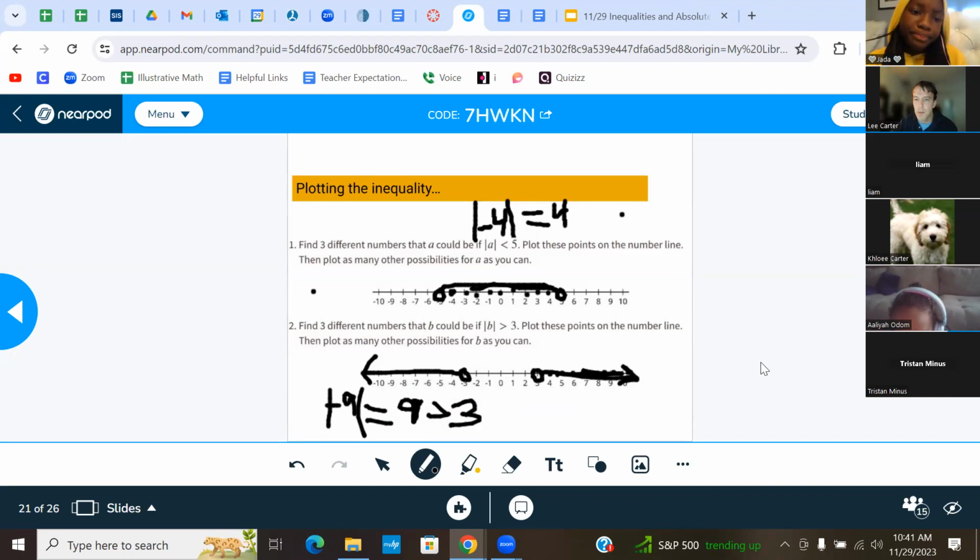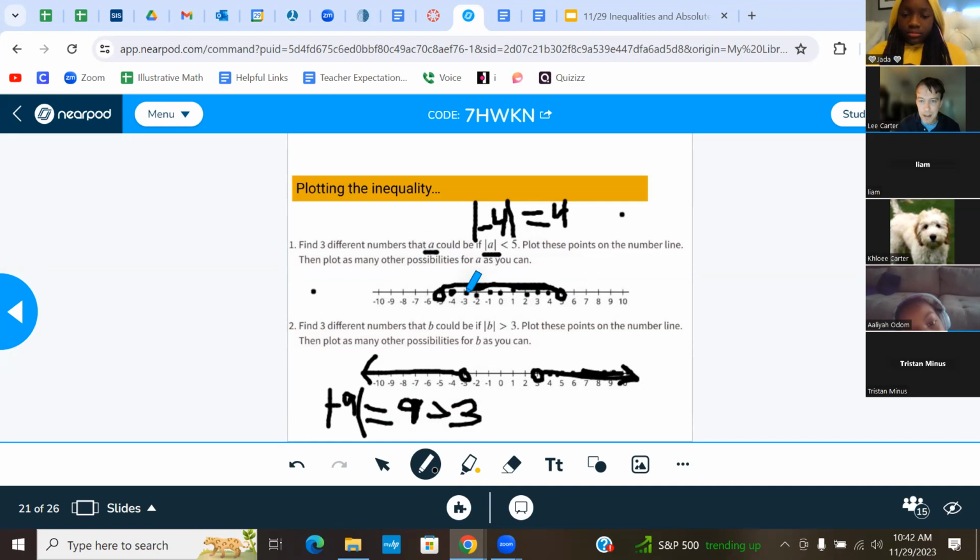Okay. Any questions on what I said there? Or does that make sense now? All right. And fix your slide, make it look more like mine. At least the little number line parts. So the idea being here, the absolute value of A means how far it is from 0.